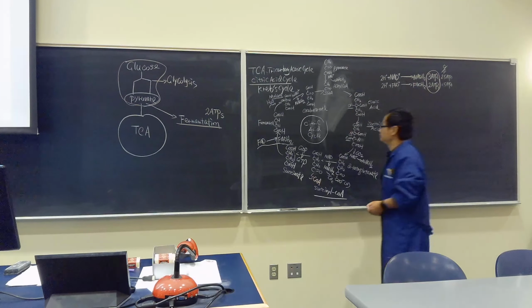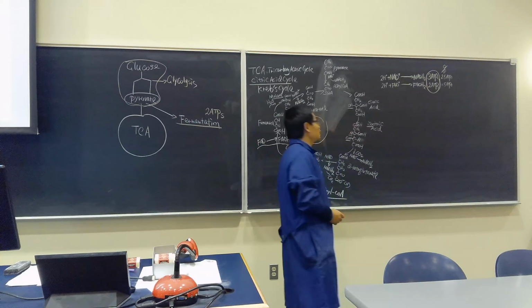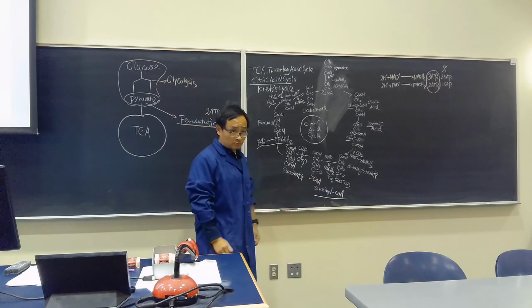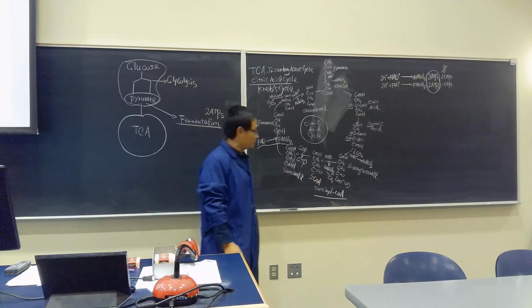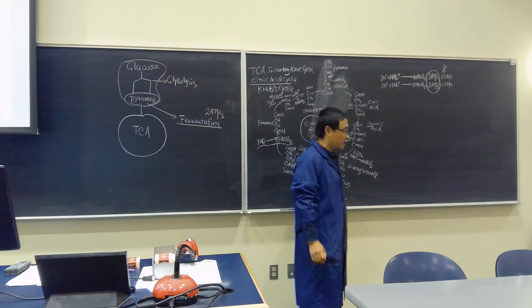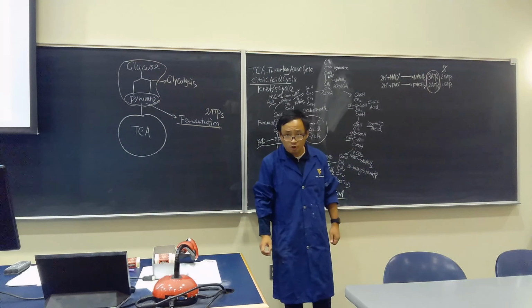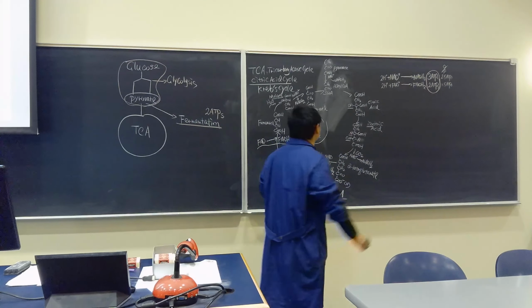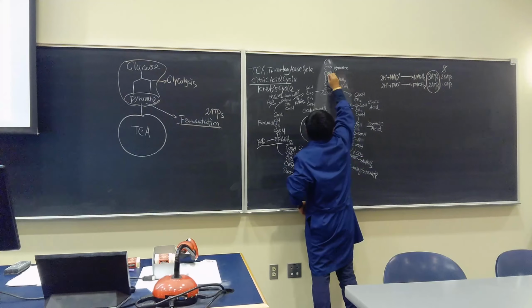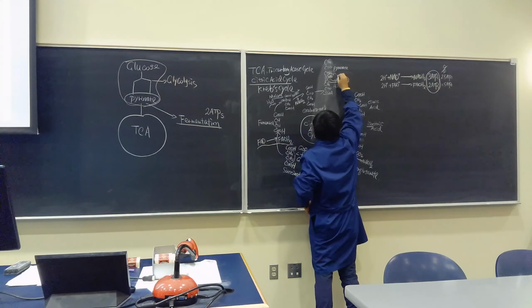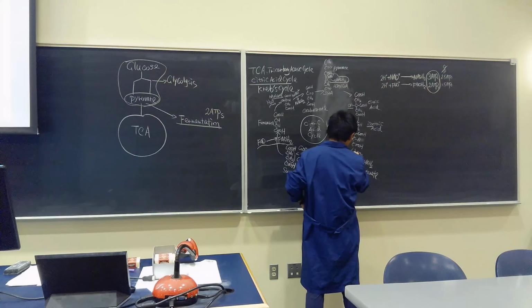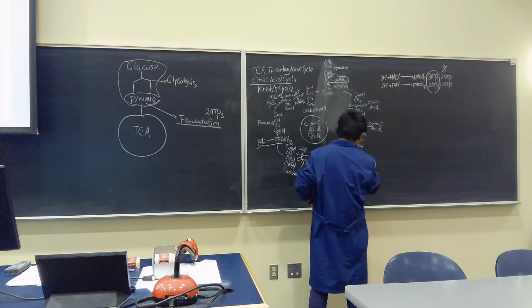So let's see. In the citric acid cycle, how many ATP are generated? Obviously, we want to find where NAD plus is reduced to NADH2 and FAD is reduced to FADH2. So we're going to circle them. Where are they? There is one in the transition step. There is one right here, generating alpha-ketoglutarate.